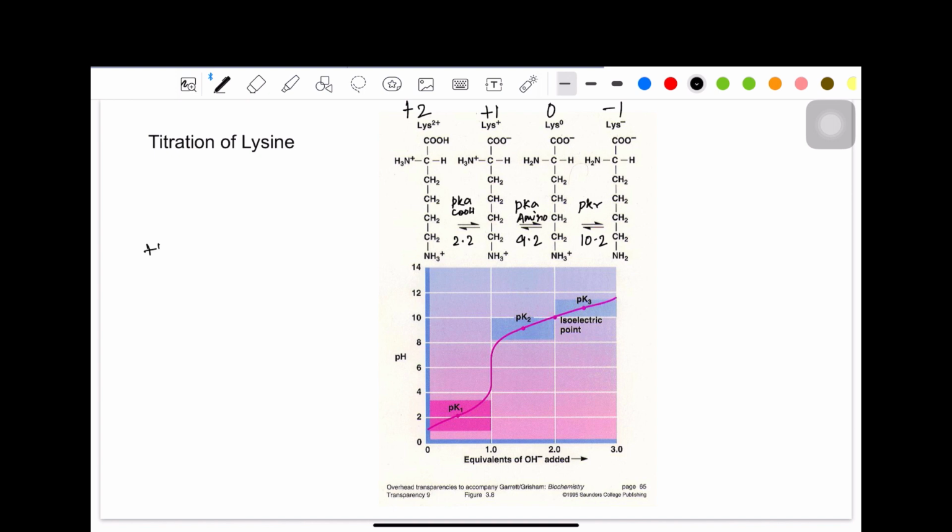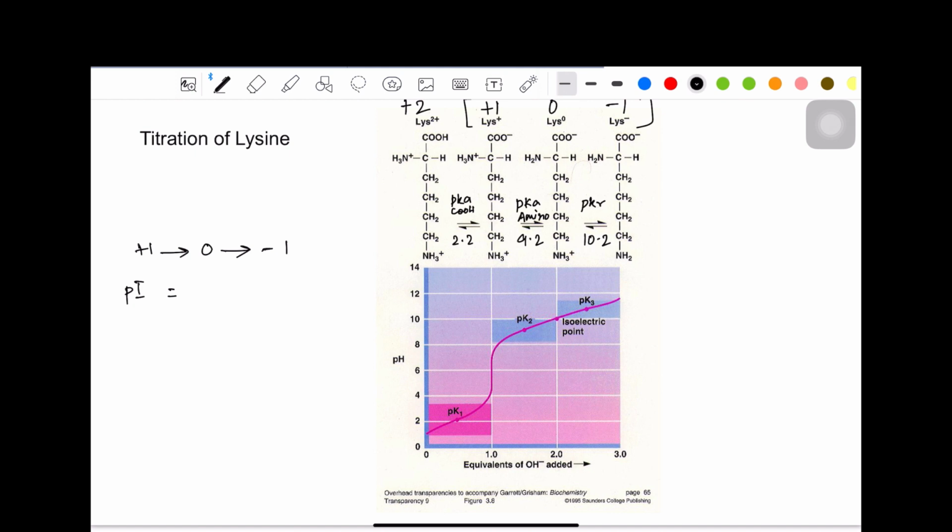Now, for calculating the pI value, we will have to consider the change from +1 to 0 to -1. In this range, what are the two pKa values? The pKa of the amino group plus the pKr or the pKa of the side chain, and it will be an average of the two.